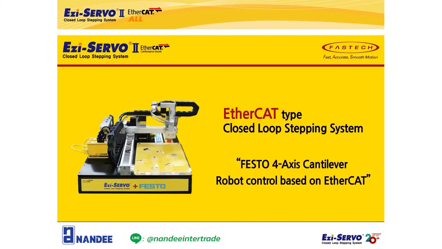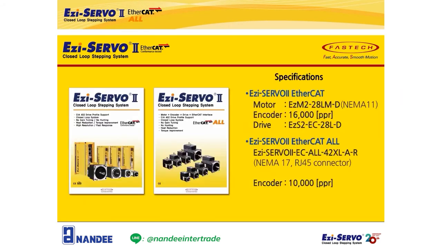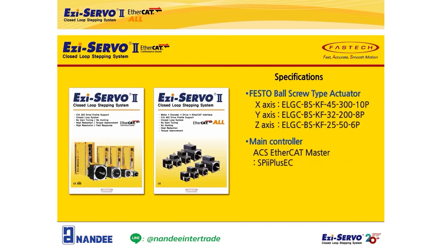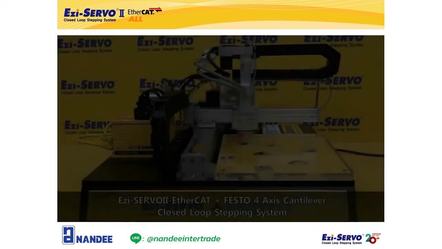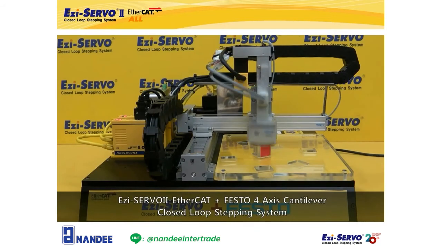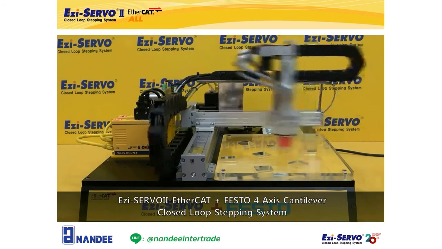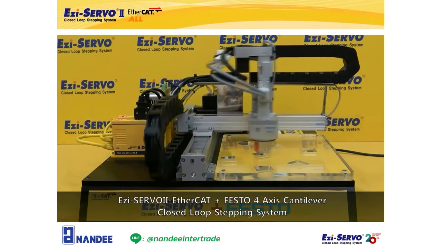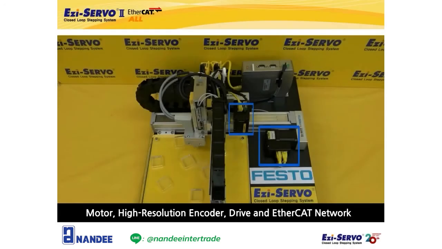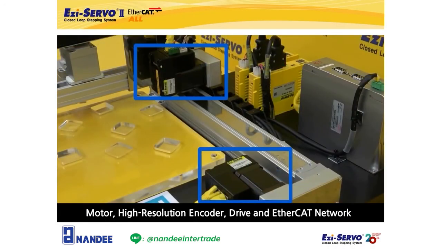The next demonstration uses Easy Servo 2 EtherCAT All to control a 4-axis cantilever robot of FASTECH, Germany. The product names used in this demonstration are as follows. Easy Servo 2 EtherCAT All is applied to 2 of the 4 axes.